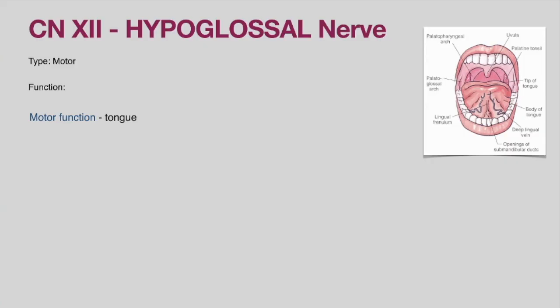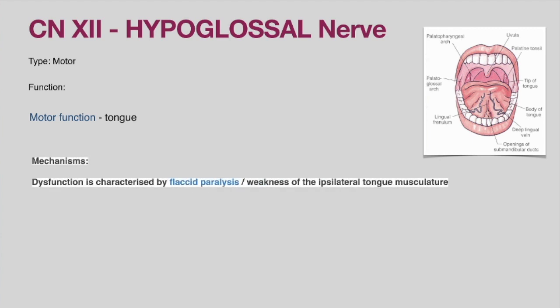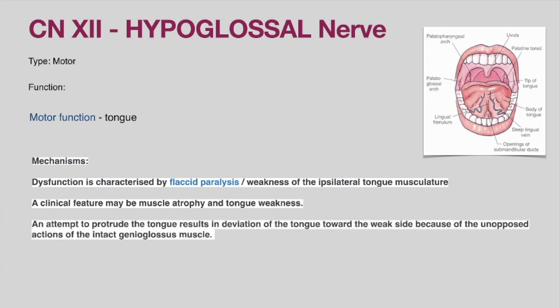And now we're at number 12, the hypoglossal nerve. So this is the time when we get patients to stick their tongue out, so we can have a look at it. It's a motor nerve, and the key things we'll see is a flaccid paralysis or a weakness of the muscles on the same side as the lesion, and we can find a range of ways to look for that and test for it.